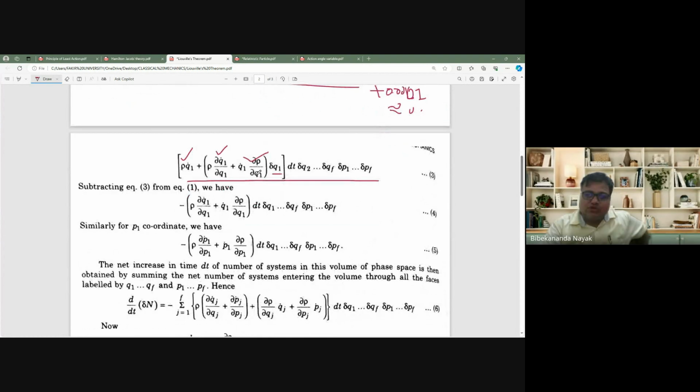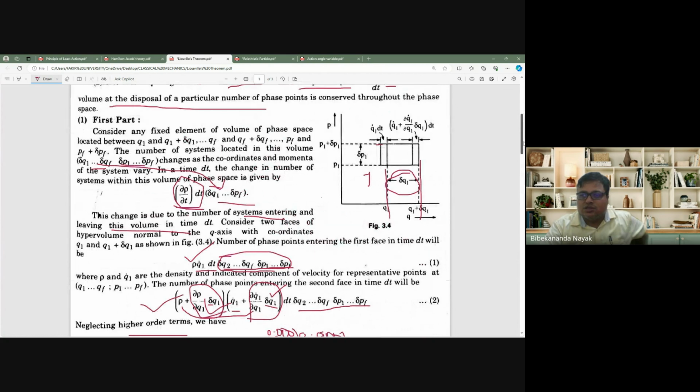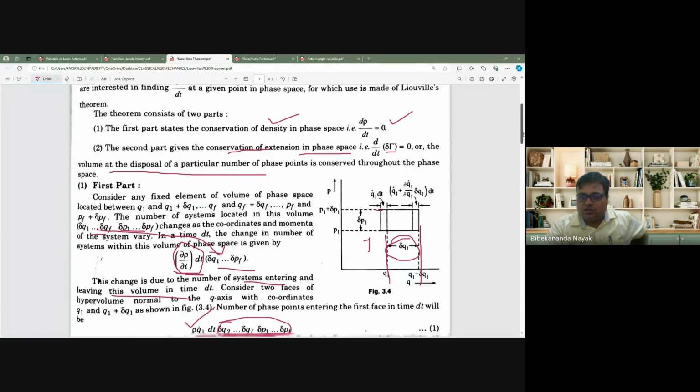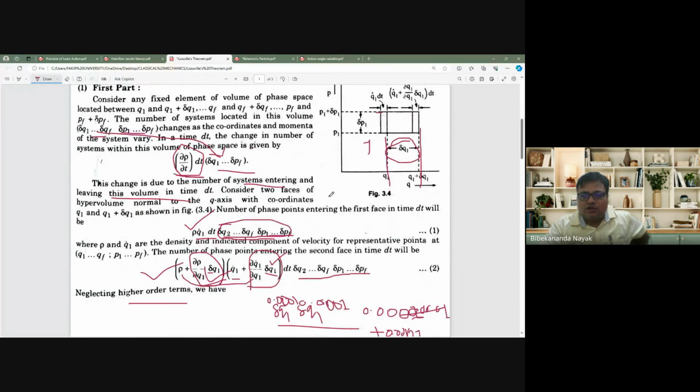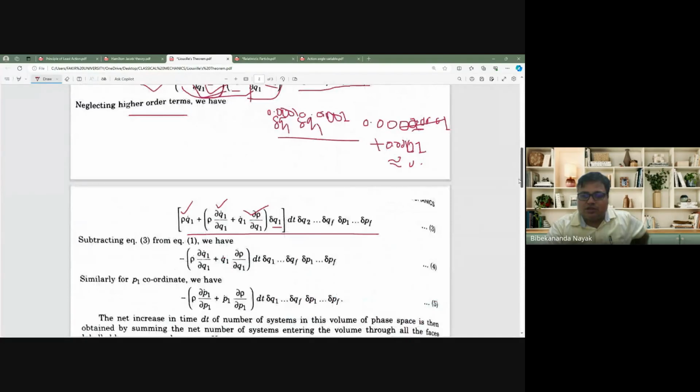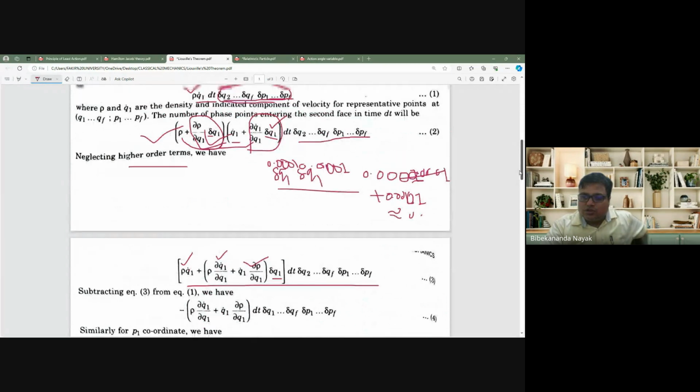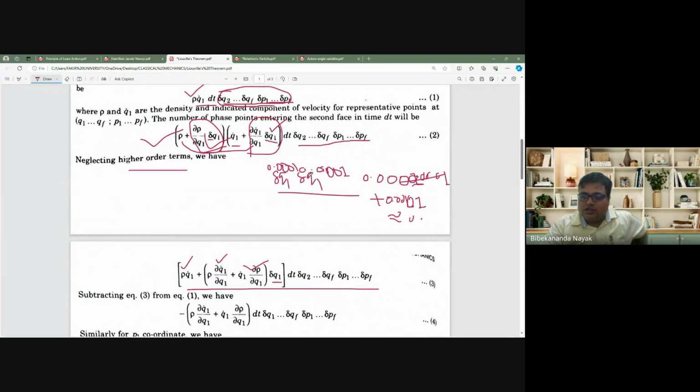Then from this equation we have to derive the exact form of Liouville's theorem. Using equation 1, rho q1 dot is the number of phase points entering the system. Equation 3, which is a simplification of equation 2, gives the number of phase points leaving the system.